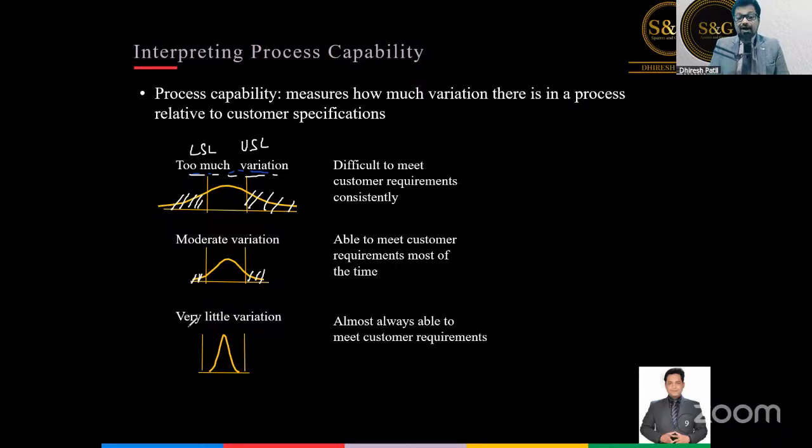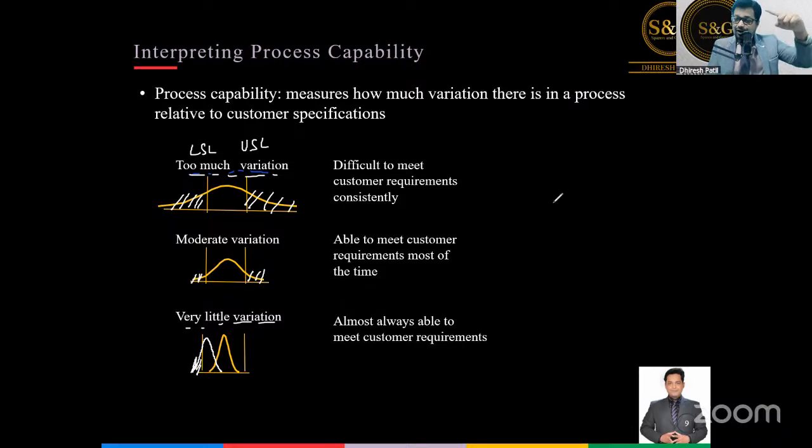Okay, and when we have very little variation, we have as good as 6 sigma level of performance, where the variation will be very less. Now, this process, if it shifts like this, it will start making the variation.